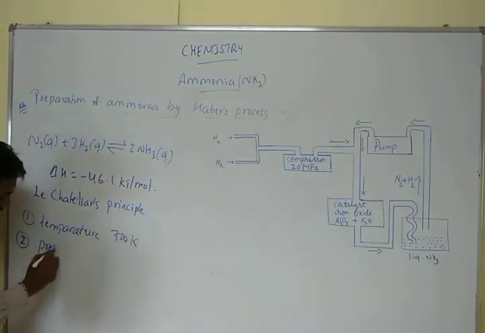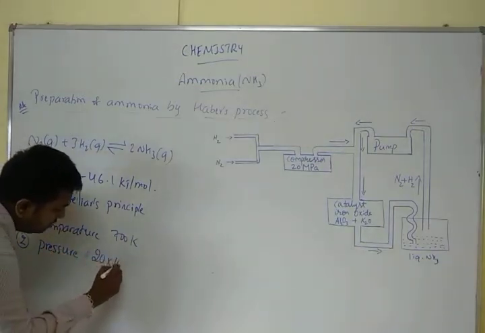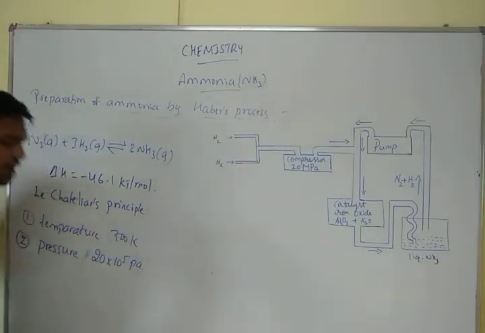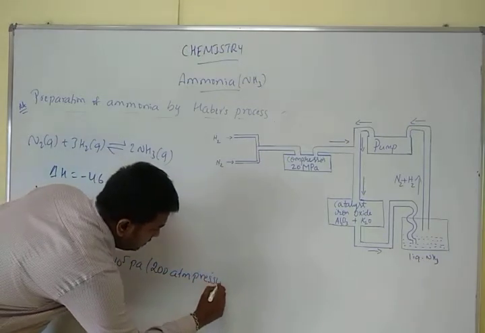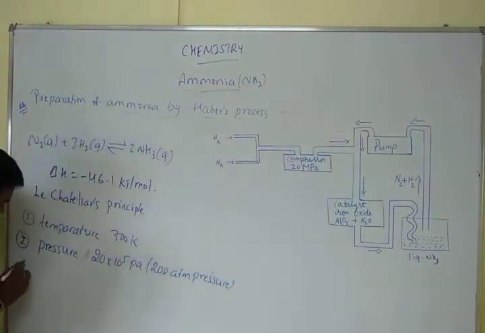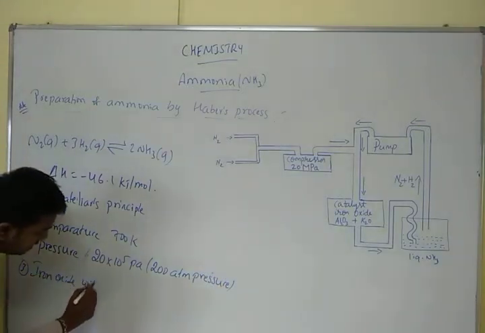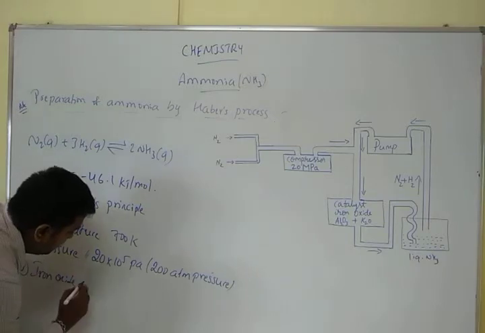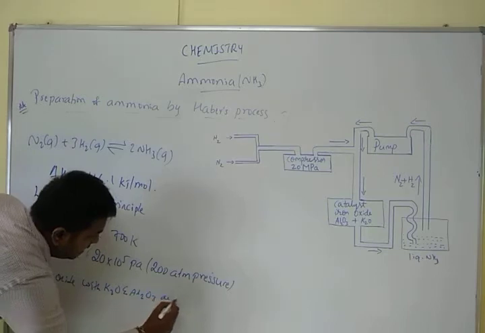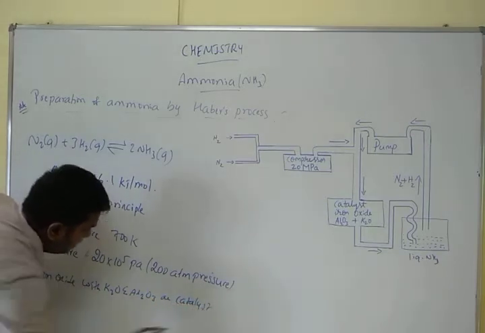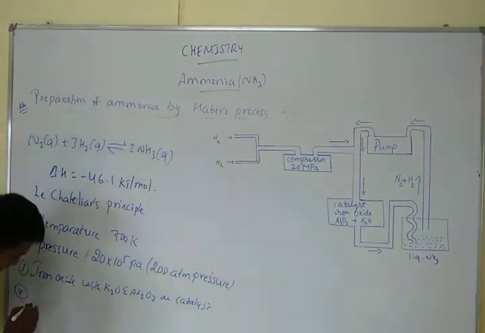The second condition is that the pressure has to be 200 times 10 to the power of 5 pascals, that is, 200 atmospheric pressure. The catalyst we use is iron oxide with K2O and Al2O3, and we use molybdenum as the catalyst promoter.